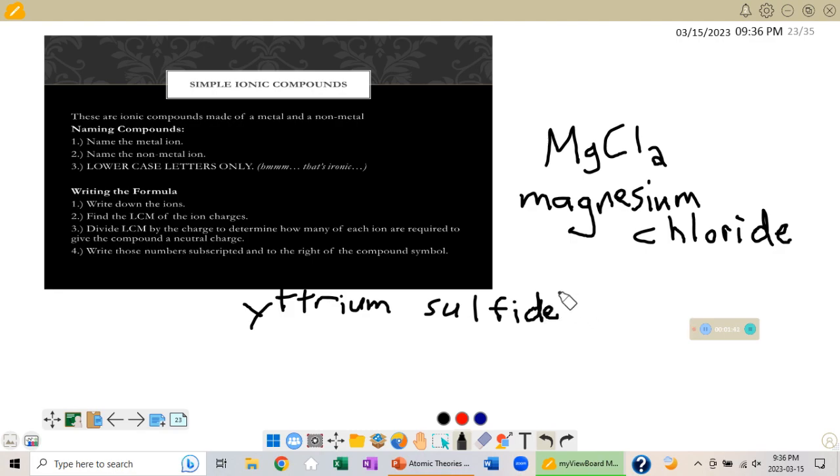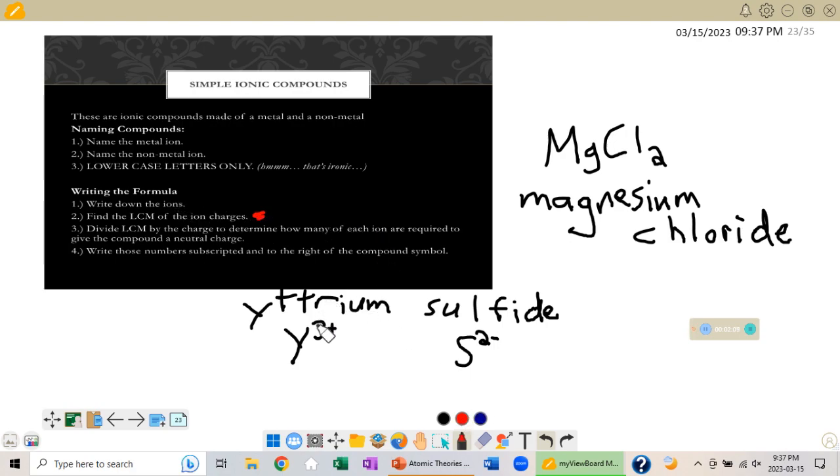So in this case, again, hardest part, I got to find these silly things on the periodic table. When I finally get to yttrium, and not confusing it with ytterbium, yttrium is Y, and that's going to have a 3+ charge. And then I have sulfide, which has a 2- charge. Now your notes say all of this stuff about least common multiple and things like that.